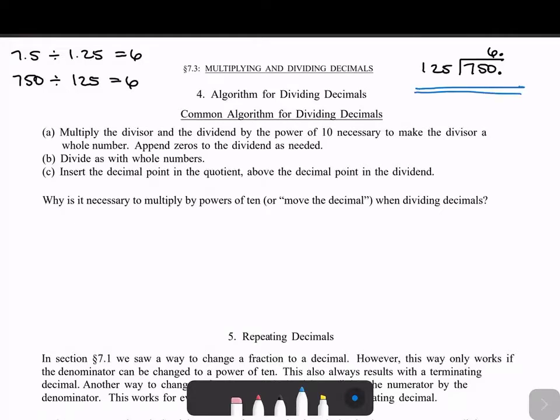Okay, so why is it necessary in this algorithm to multiply by powers of 10? When we multiply by powers of 10, you can see what we did here. We just moved the decimal places a couple times.